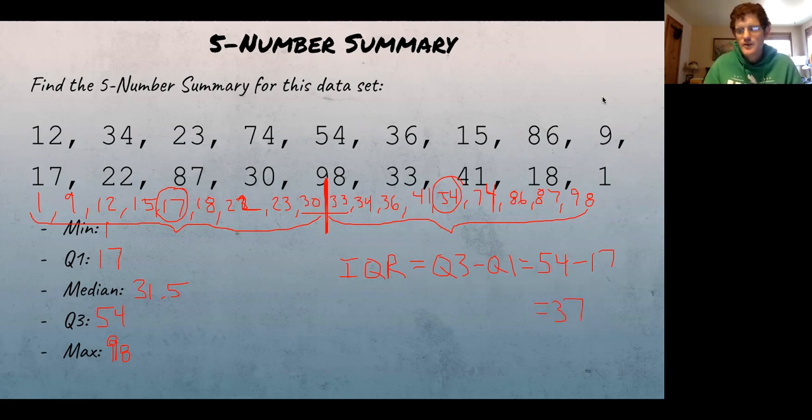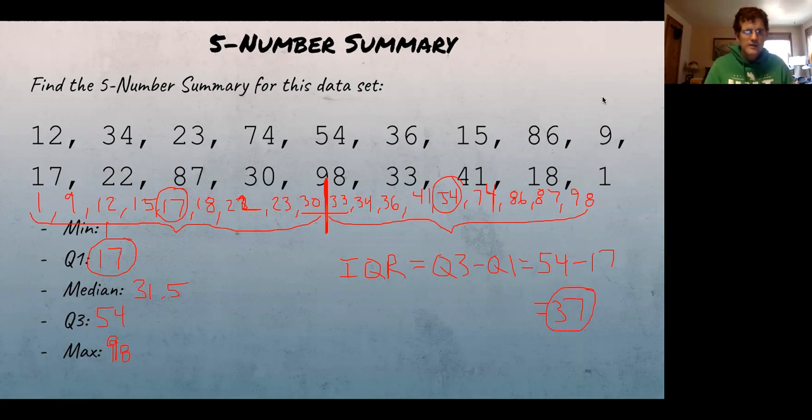To explain what the IQR is, it's not a data point. The Q1 is a data point. It's telling you the threshold, the cutoff point for where your first 25% of the data ends. And so that is a data point. 37 is not a data point. It's saying that there is a range of 37 between your first quartile data point and your third quartile data point.